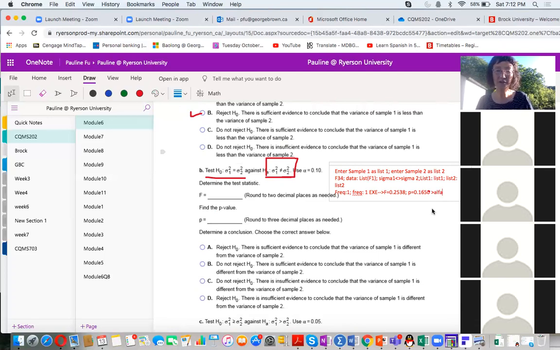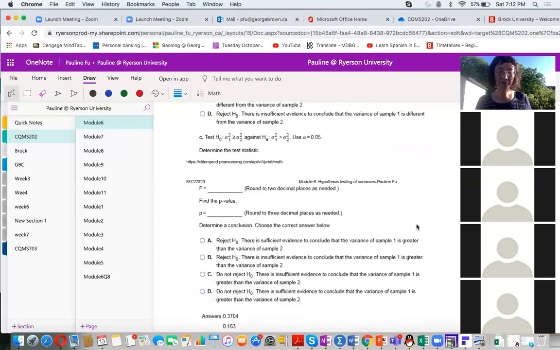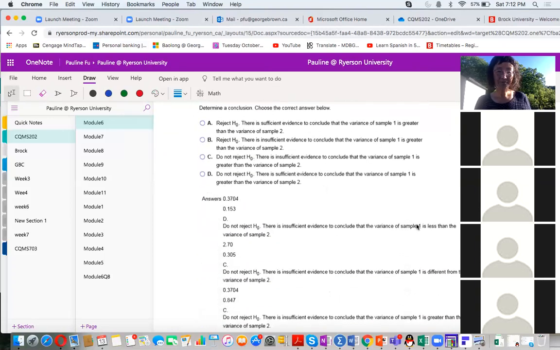No, this P value, hold on, I have to double check. Sigma 1 not equal to sigma 2. Yes, correct. Okay, I'll check here.